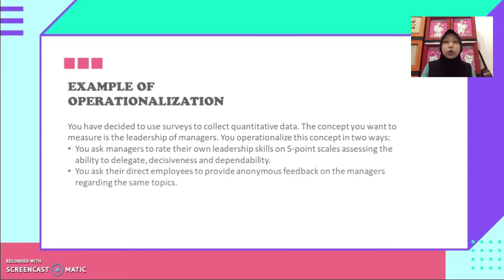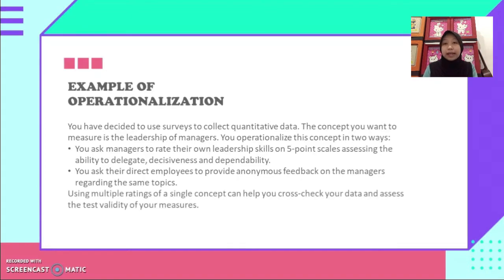Second, you ask their direct employees to provide anonymous feedback on the managers regarding the same topics. Using multiple ratings for a single concept can help you cross-check your data and assess the validity of your measurements.